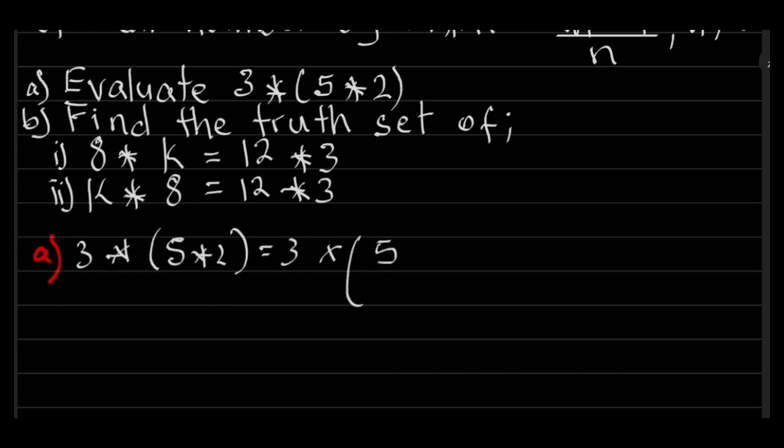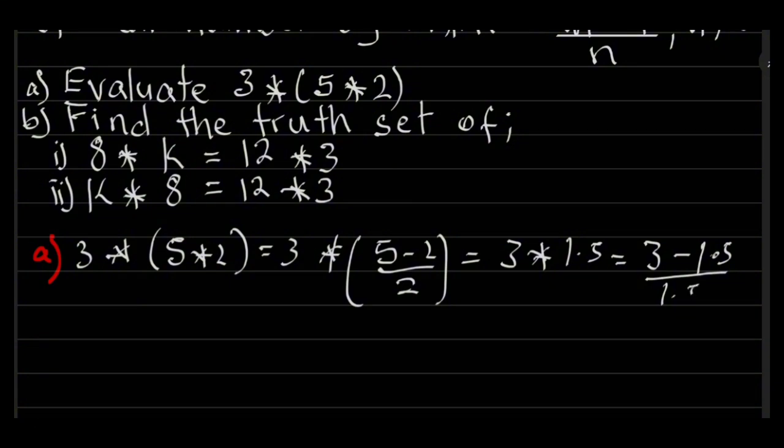That will give us 5 minus 2 all over 2, which is 3 over 2, giving us 1.5. So we have 3 star 1.5, which is 3 minus 1.5 all over 1.5. 1.5 all over 1.5 is equal to 1.